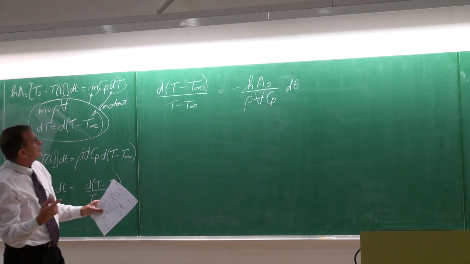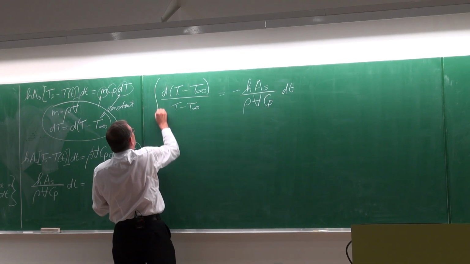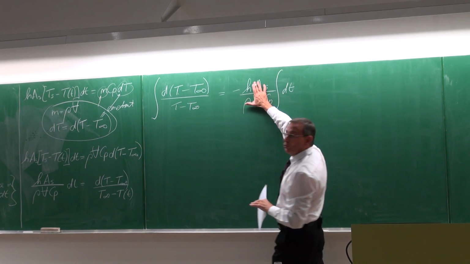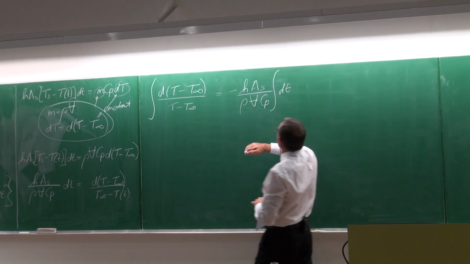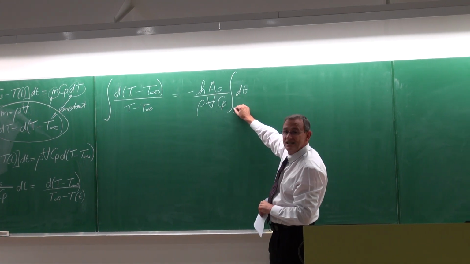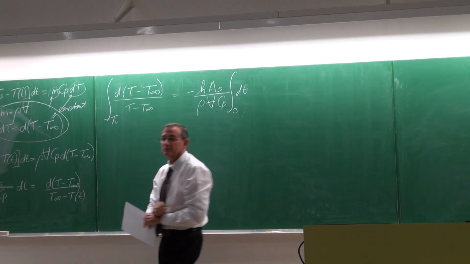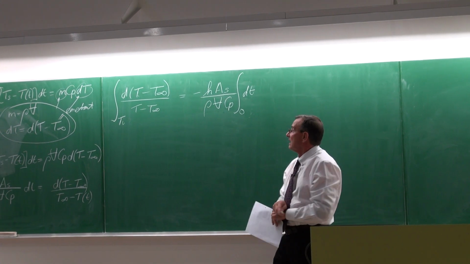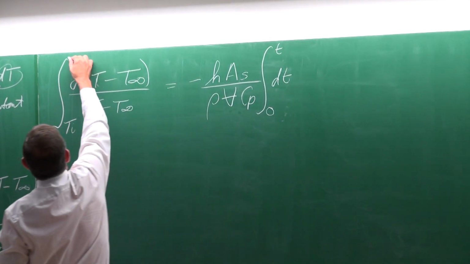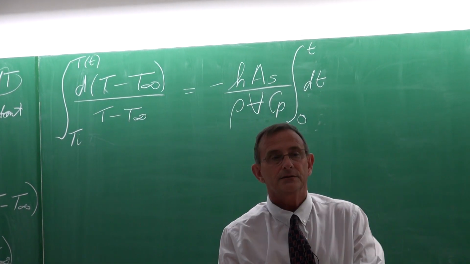If we now do the integration, and if we assume that all this is constant, we can say that when time is equal to 0, then this temperature is equal to Ti. And at time t, that temperature is going to be the temperature at t.